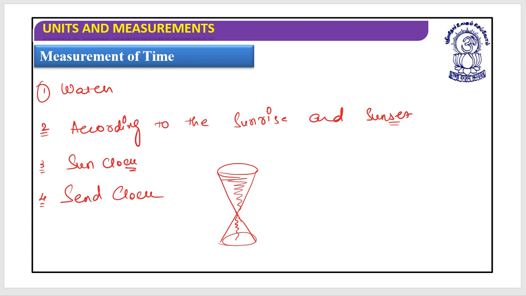So these are all the methods to measure time. Just go through once, because this is not as important for competitive examinations. It is important when we go for school and board examinations. So just go through once.